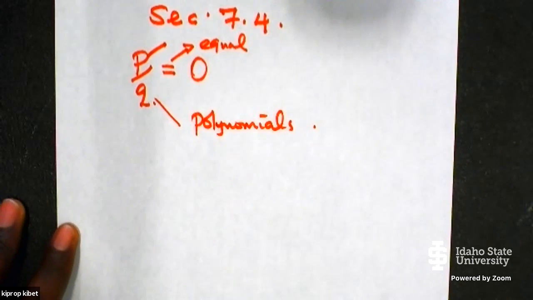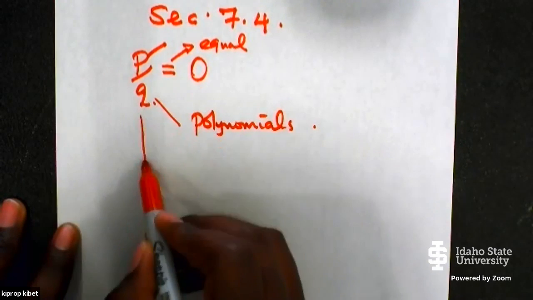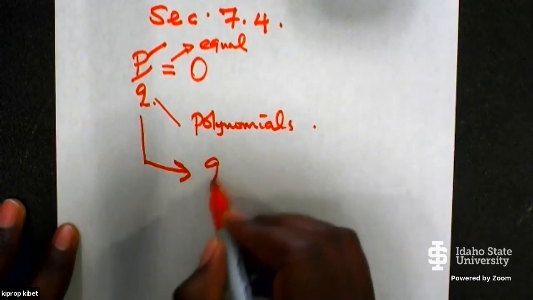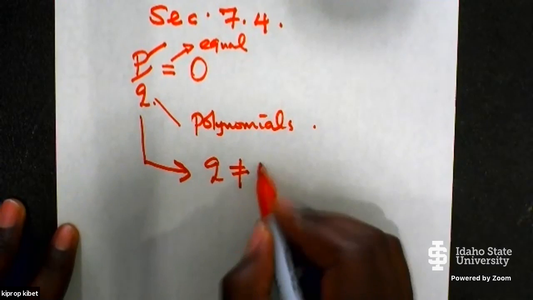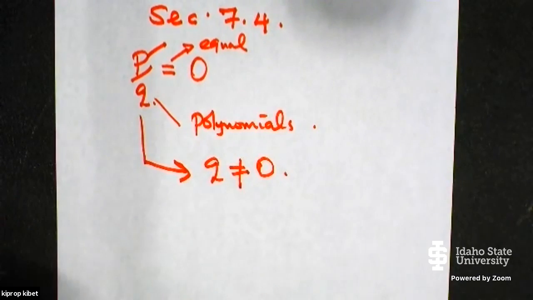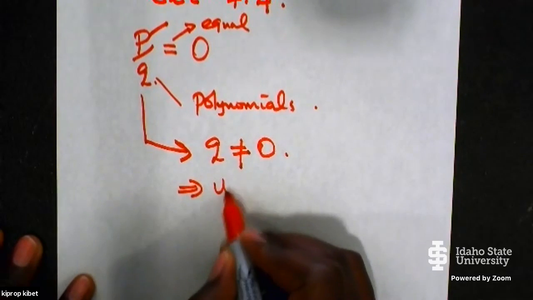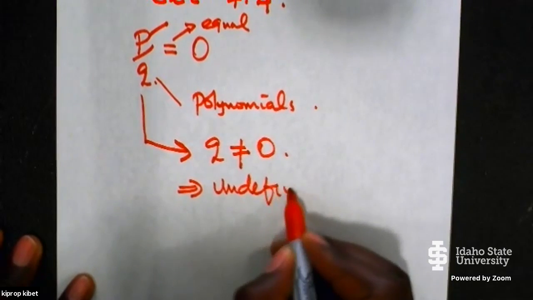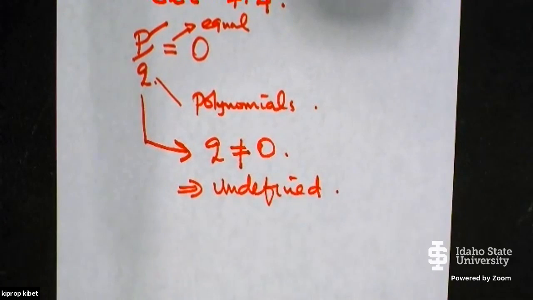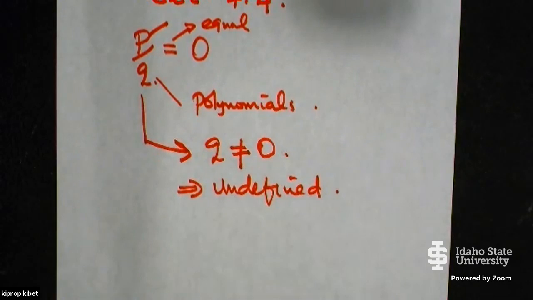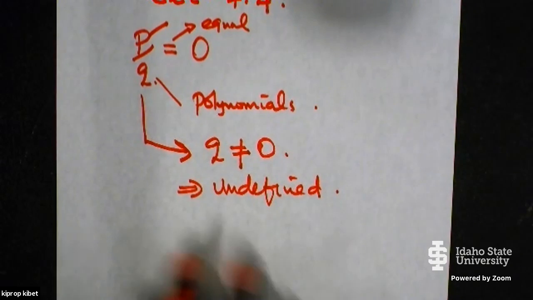We also said if this is an expression, then Q should not be equal to 0. If it is equal to 0, then it will become undefined. I also gave you a question on the undefined.